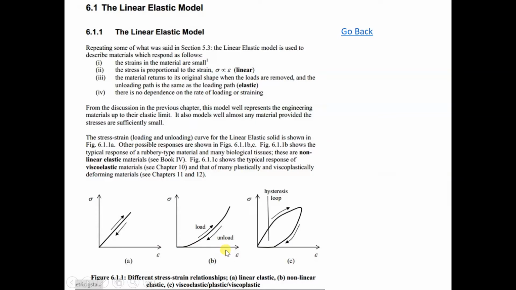Whereas for the non-linear elastic, it will not be proportionate. Rather, it will follow a curve, but it still bounces back. The elastic still bounces back. But for the viscoelastic, when you remove the stress, it will not bounce back to the original position. There will be some strain, some expansion, some deformations.